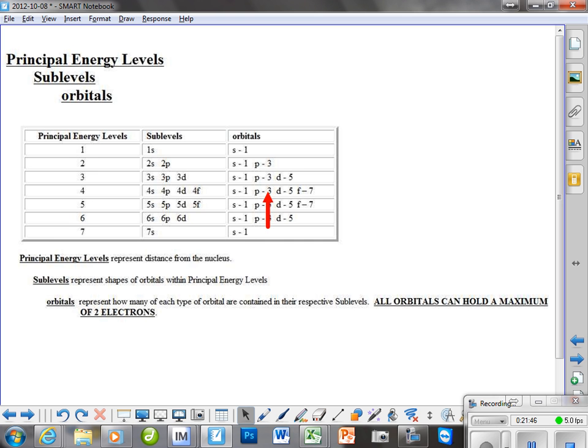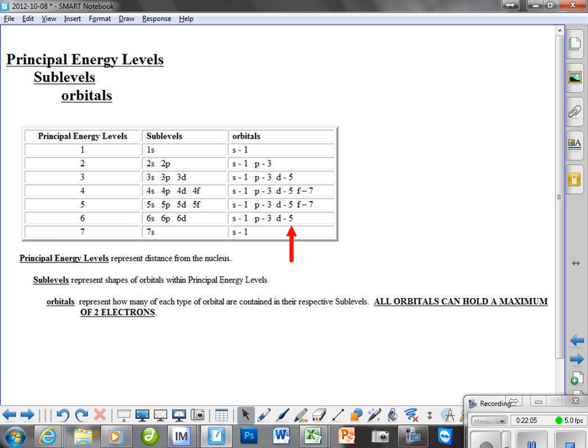The p's on level 4, we have 3 orbitals. The p's on level 5, we have 3 orbitals. The p's on level 6, we have 3 orbitals. We have 3 orbitals on all the levels where there is a p sublevel. All of the d's have the same number of orbitals.